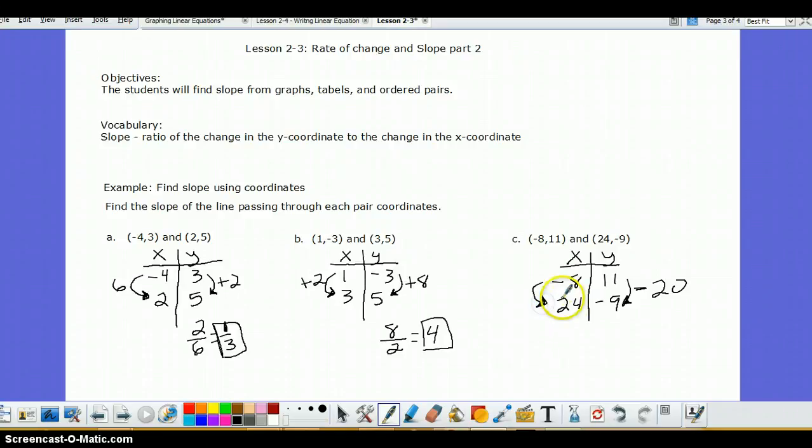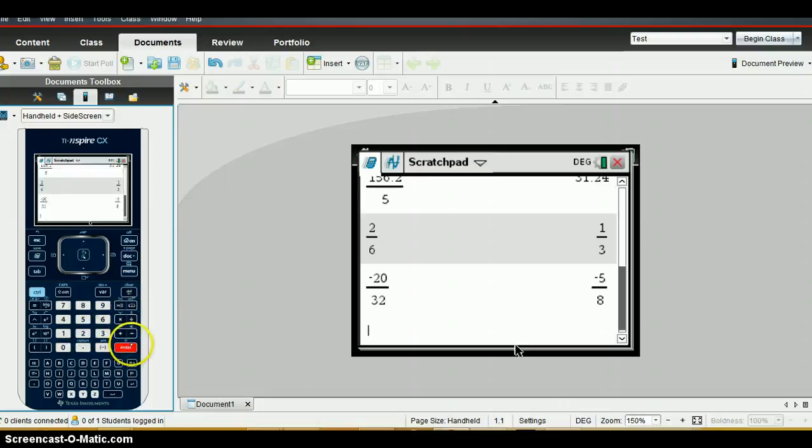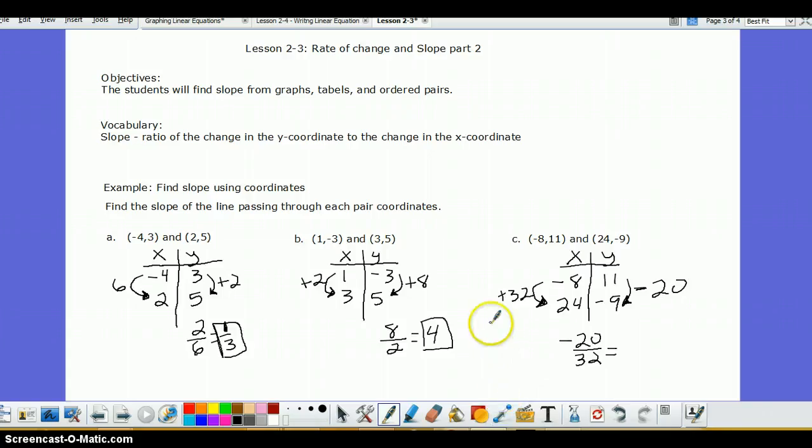Going from -8 to 24 is an increase of 32. So that's -20 over 32, which again, if you're not sure what that is in reduced form, put -20 divided by 32 in the calculator, and we get -5/8.